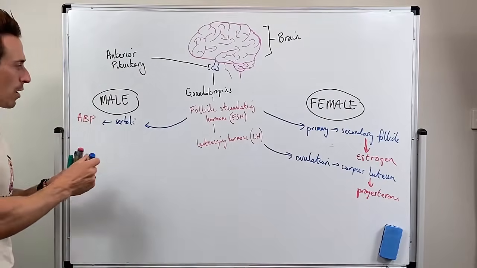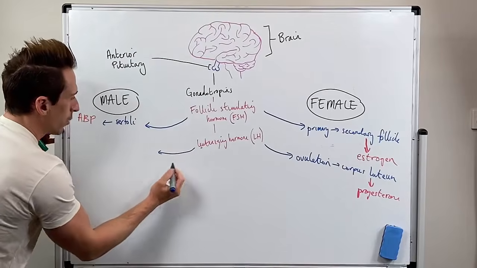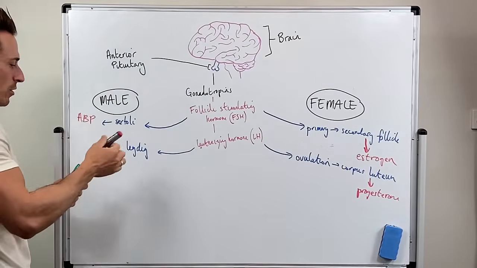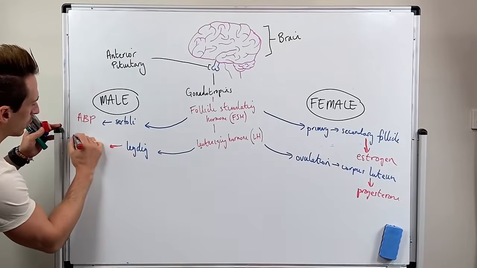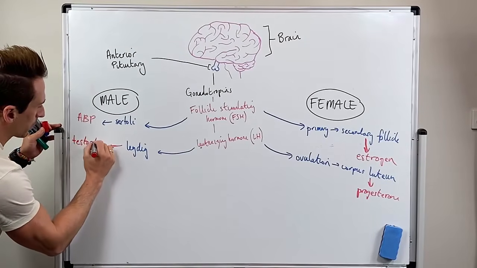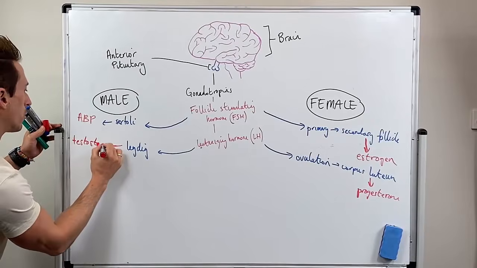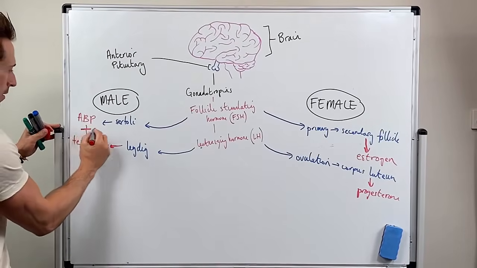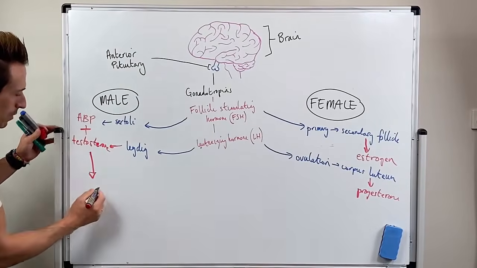What about in the male reproductive system? Luteinizing hormone, Leydig cells. What did the Leydig cells do? Testosterone. And together, what did these two do?